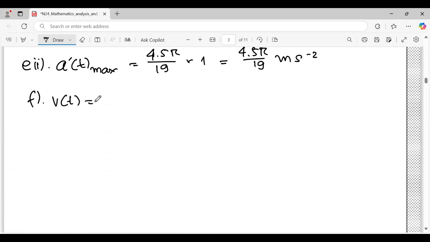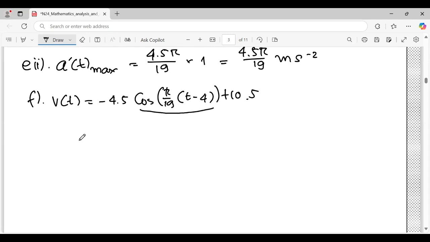The function is V(t) = -4.5 cos(pi/19 (t - 4)) + 10.5. So cos(pi/19 (t - 4)) equals -1.